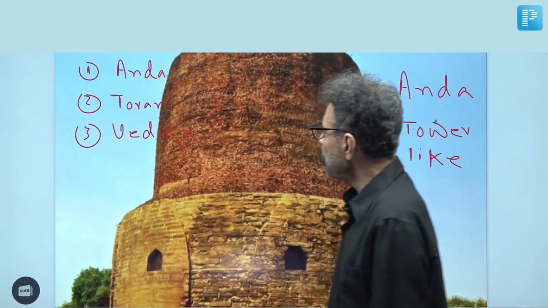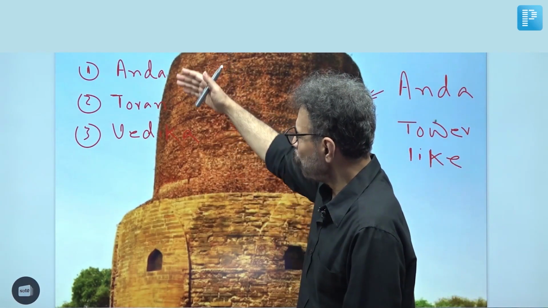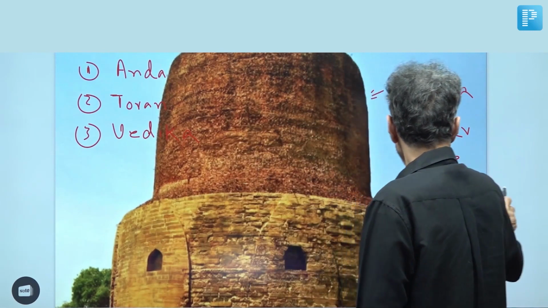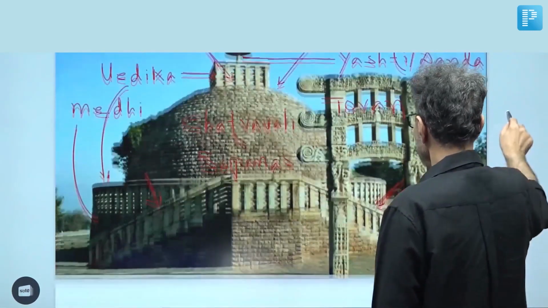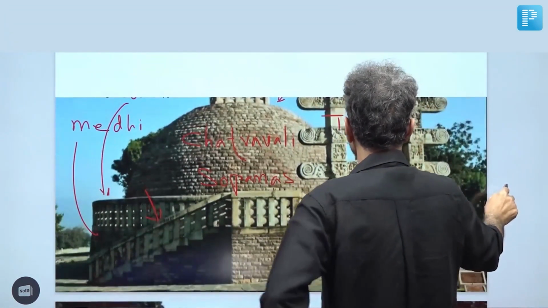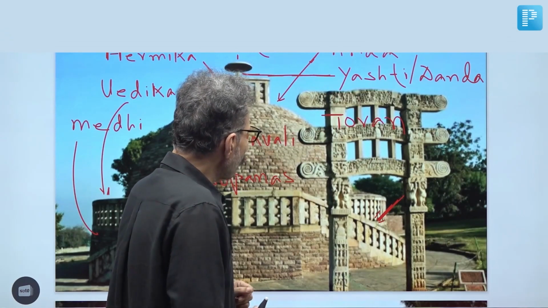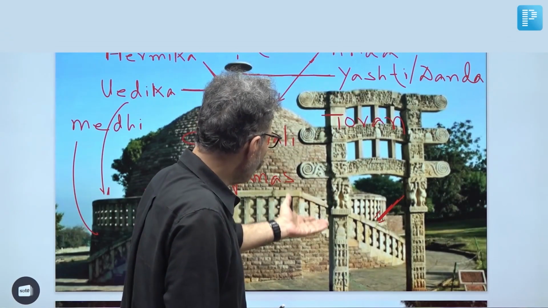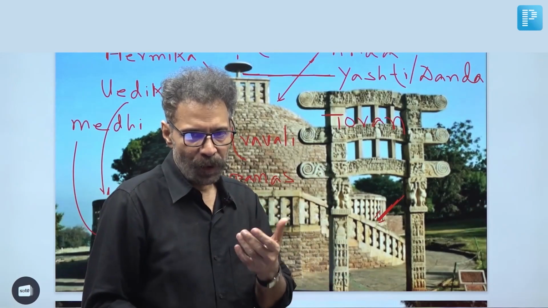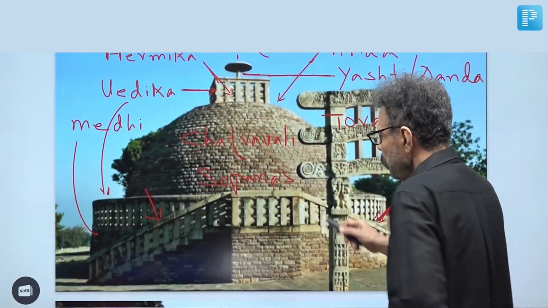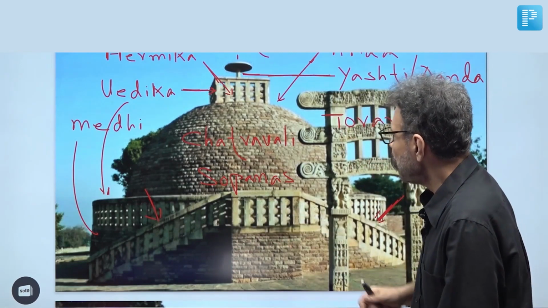So decorative elements are associated with the three parts: Ant, Toran, Vedika. And in this image, Toran is quite visible, and I think those decorative elements are also visible. And what kind of engravings are there? I have a list for you. And engravings may be on Vedika also, but here the Vedika is plain.